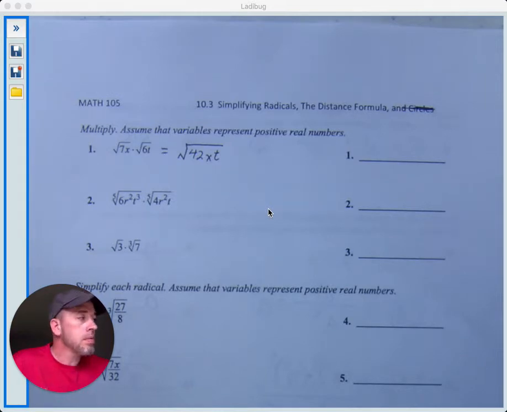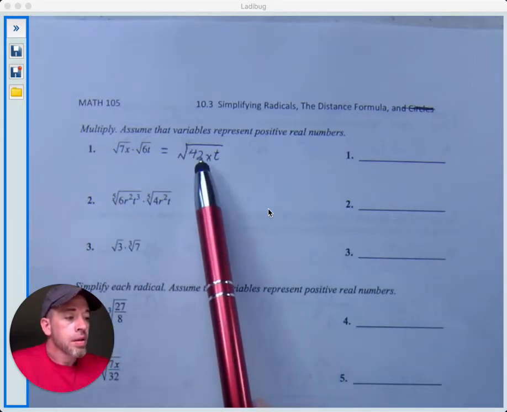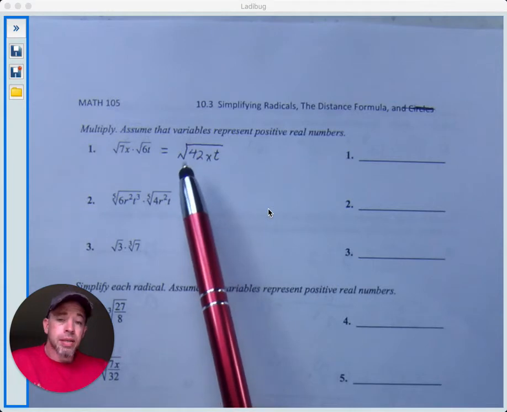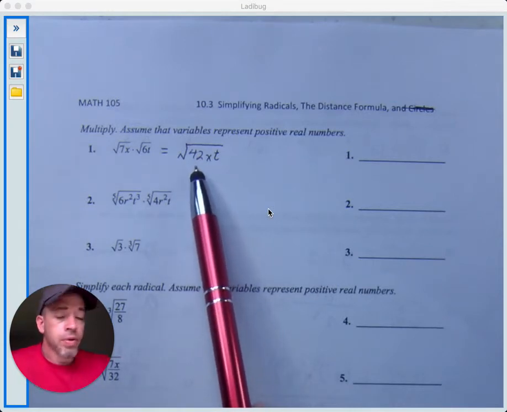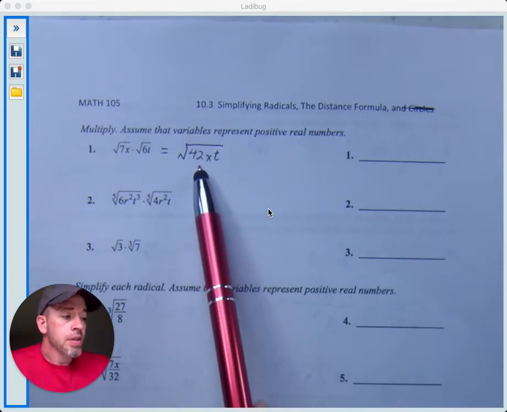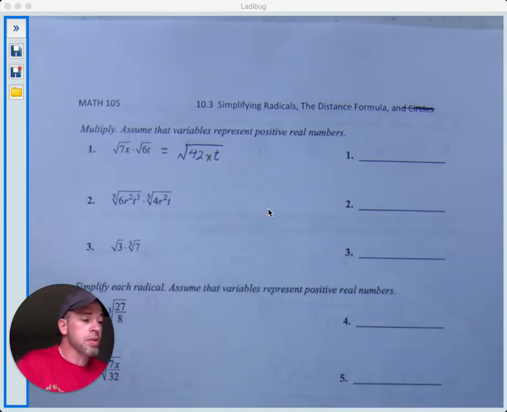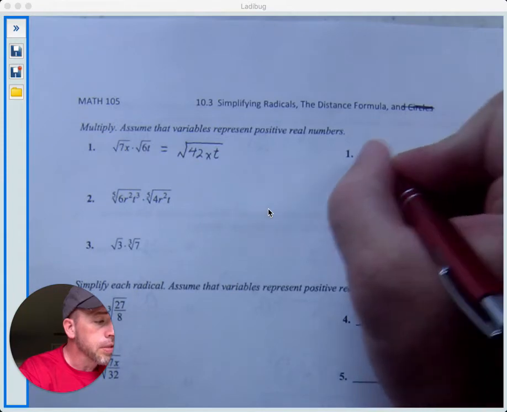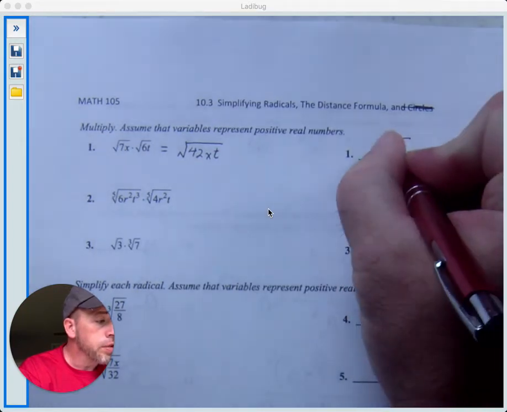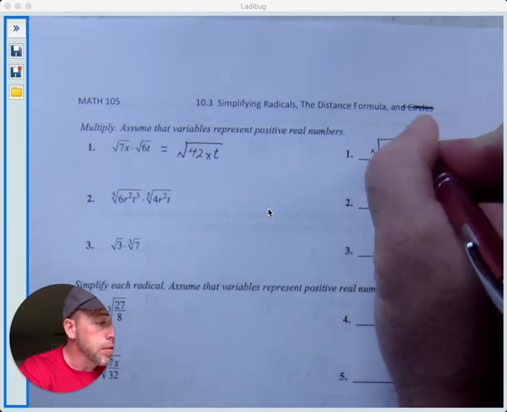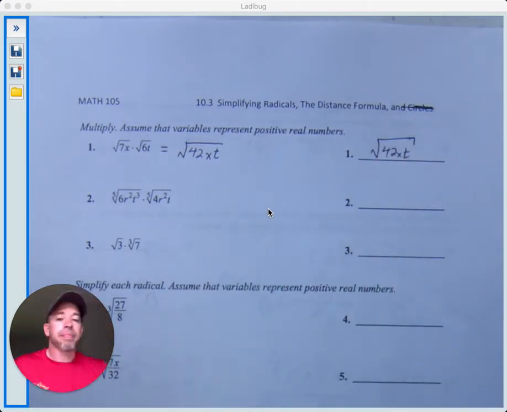Those aren't perfect squares. 3 and something. 3 goes into 42 14 times. 3 and 14, no, that doesn't work either. 4 doesn't go into 42. 5 doesn't. 6 doesn't. So 6 and 7, right? But none of those are perfect squares. So this is as simplified as we can get. Square root 42xt. So we can combine the radicals.